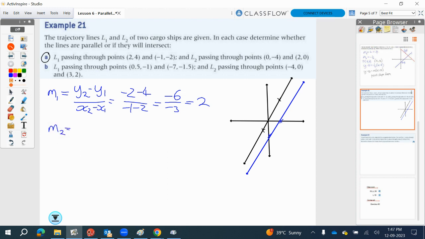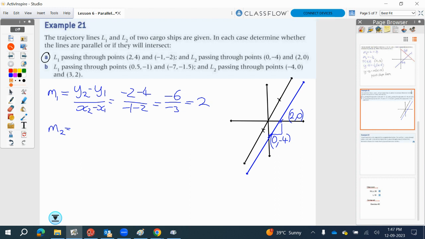So on this one, I'm just going to show a different technique. We know it goes through 0, -4, and it goes through 2, 0. So if we use a slope triangle, how much has the y value changed from here to here? 4.